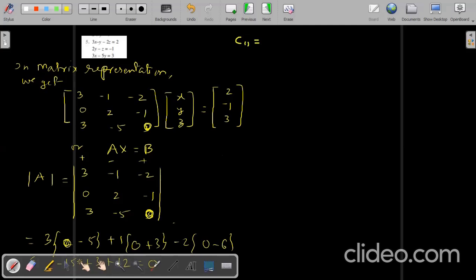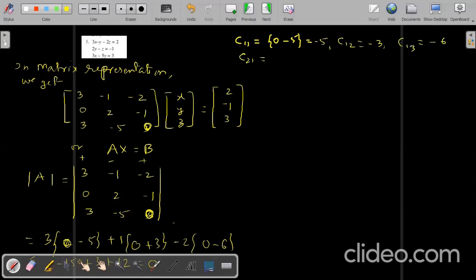So C11 will be 2 into 0 and minus minus minus 5. C11 will be minus 5. Like this, C12 will be minus 3. C13 can find out will be minus 6.